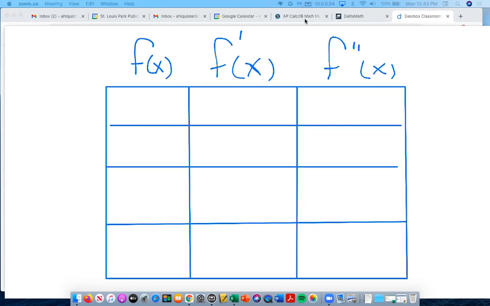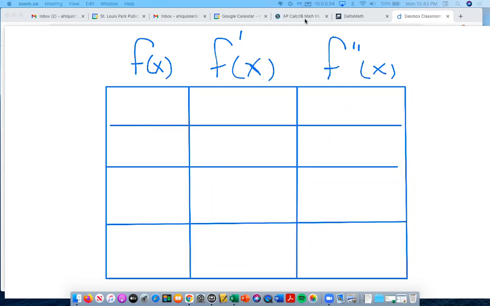So you guys have this chart down, something like this. It's a pretty basic matrix, 4 rows, 3 columns, labeled at top, F, F prime, F double prime. Those are generic. I could change the letter. I could make it P, P prime and P double prime, or Q, or all kinds of things.